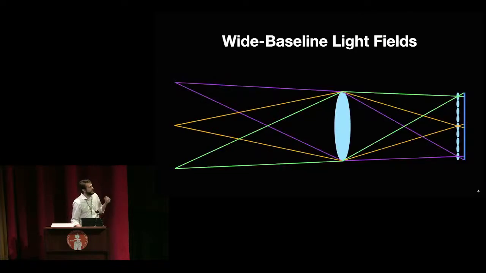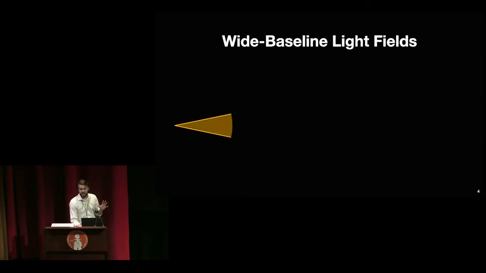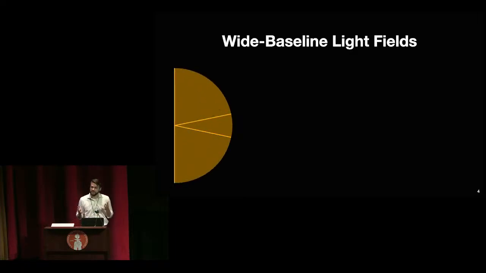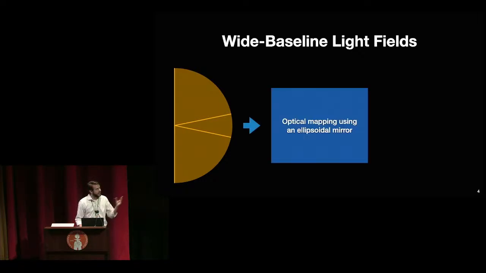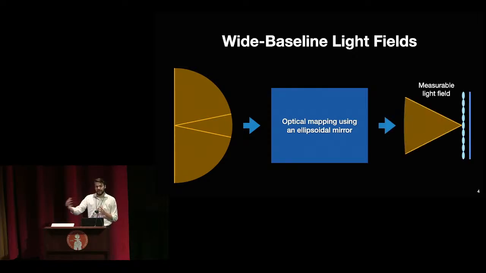So how can we rethink the optical design of a light field camera to efficiently capture, rather than just the very narrow cone that standard light field cameras capture, maybe upwards of a full hemisphere of light? In our paper, we introduce a method that adds an additional step where we optically map this wide baseline light field, shown on the left here, using an ellipsoidal mirror, to then map that to a measurable light field using standard light field measuring techniques.